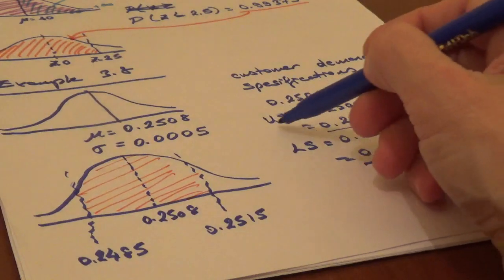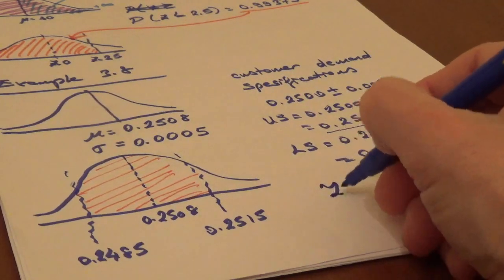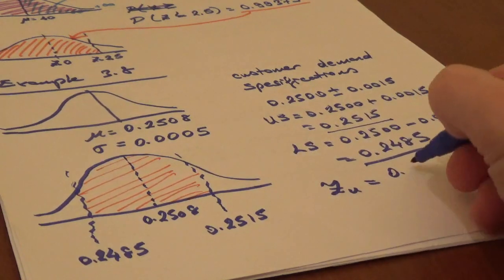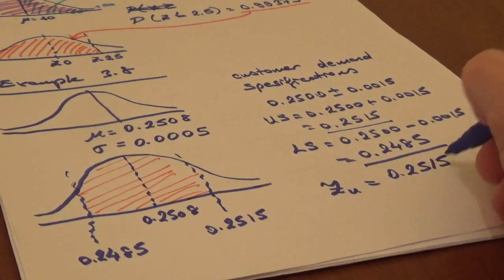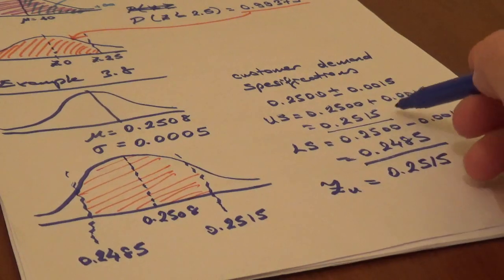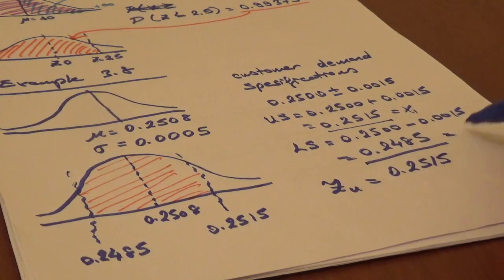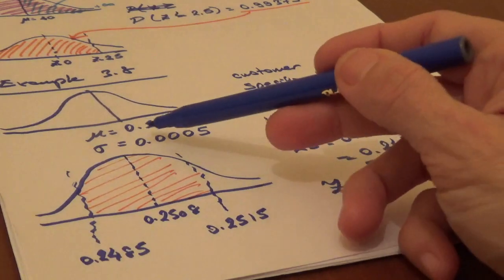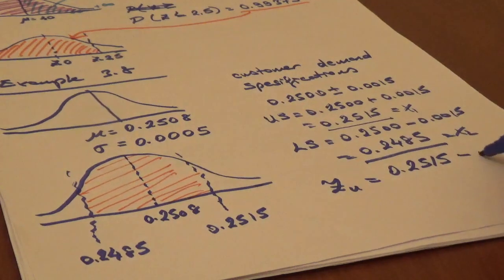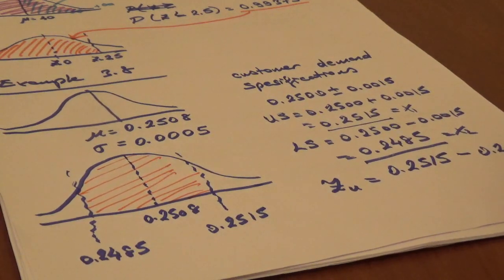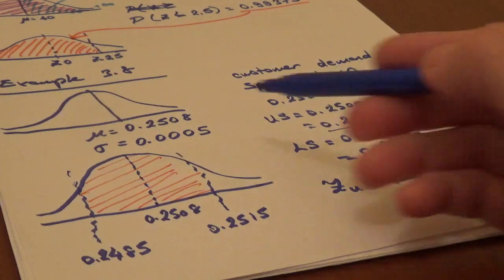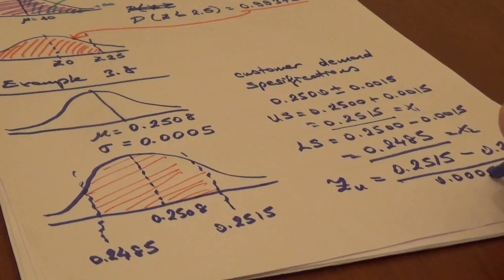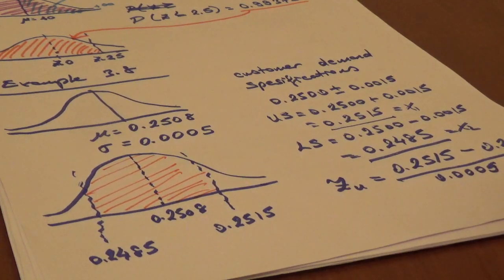So let's say that upper specification, z upper, would be 0.2515, which is x2, minus mu, 0.2508, all over sigma, 0.0005.